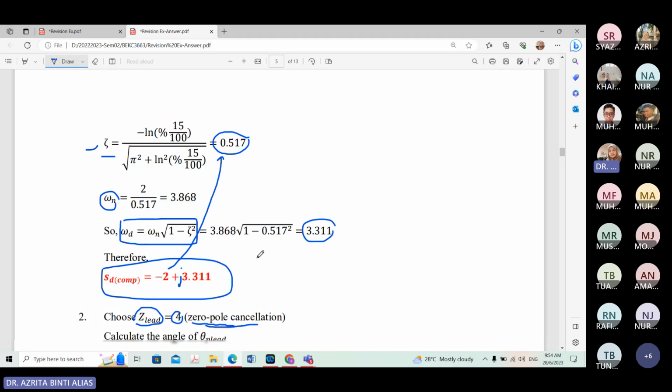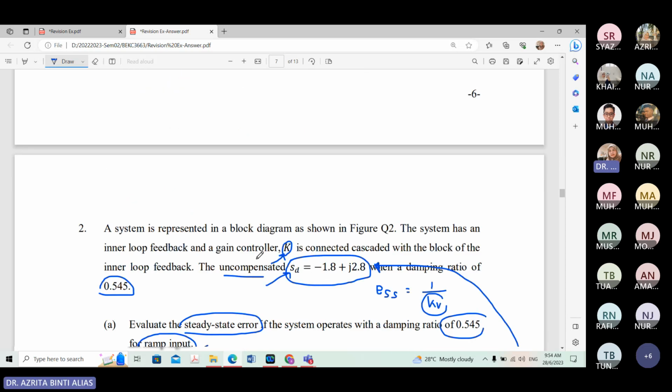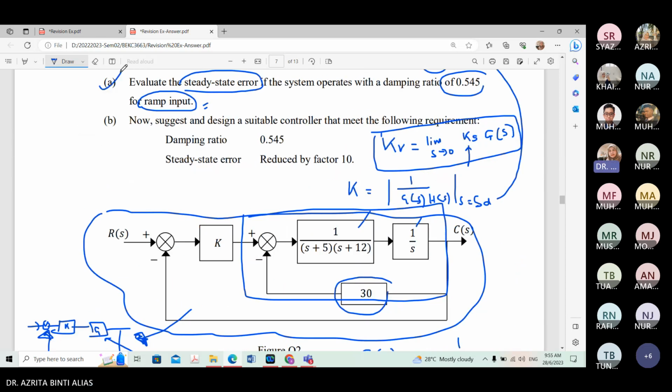So next question. Where is the question? Okay, we have answered, we have evaluated the ESS. Now you need to suggest and design a suitable controller that meets the following requirement. The requirement here is the damping ratio and the steady state error.